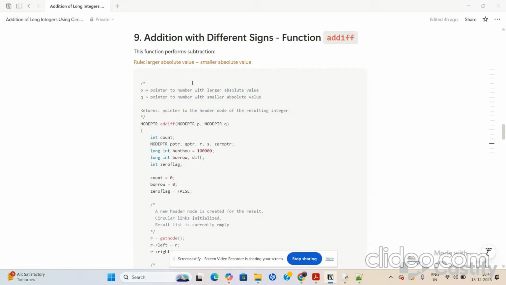And just for your information, we found the larger and smaller absolute value using the compare abs function. You have seen it previously, and this function is going to return a pointer to the header node of the resulting integer.